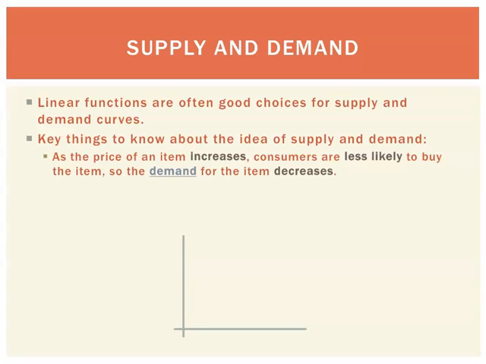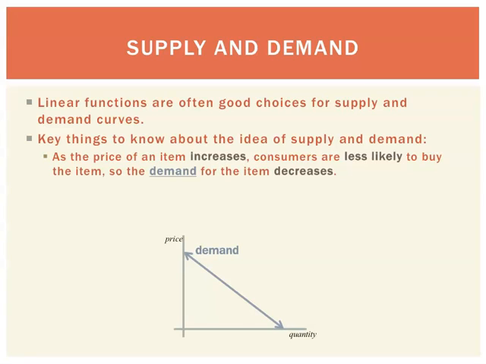If you were to make a chart of this, if this were the price and this were the quantity of the item that's out there, then what this is saying is as the price increases, consumers are less likely to buy the item, so the demand for the item decreases. This is what we call the demand curve.